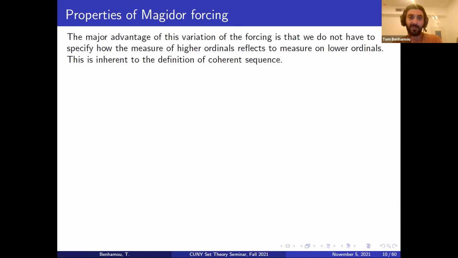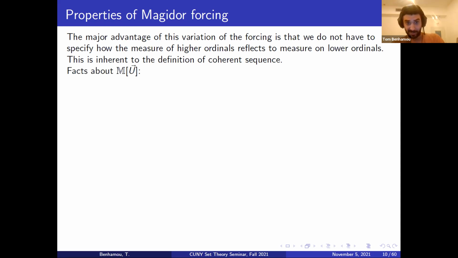Let me remark that the difference between this variation of Megiddo forcing and the original variation is that in the original, you have to have a system of functions which tell you how measures on higher measurable cardinals reflect to measures on lower measurable cardinals. Here, the coherent sequence already takes care of it for you, so you don't have to specify how measures reflect onto lower measures. I think this hides some difficulties in the general variation of Megiddo forcing.